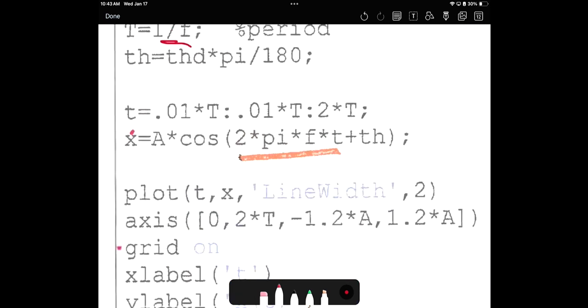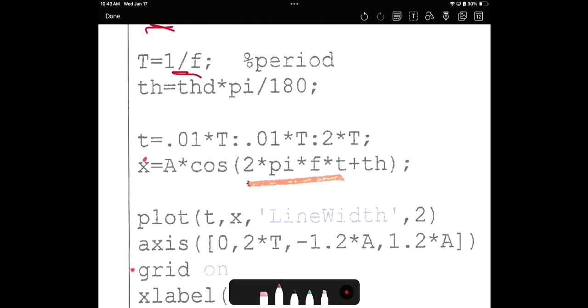In the command here, t equals 0.01 times T. I need to plot 2 cycles, so here we have 2 times T because I need to plot 2 cycles. Then the other thing, which is I use 0.01.